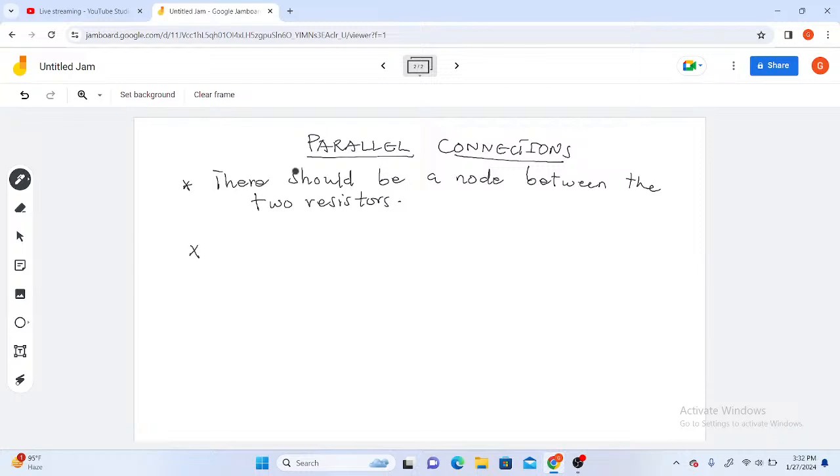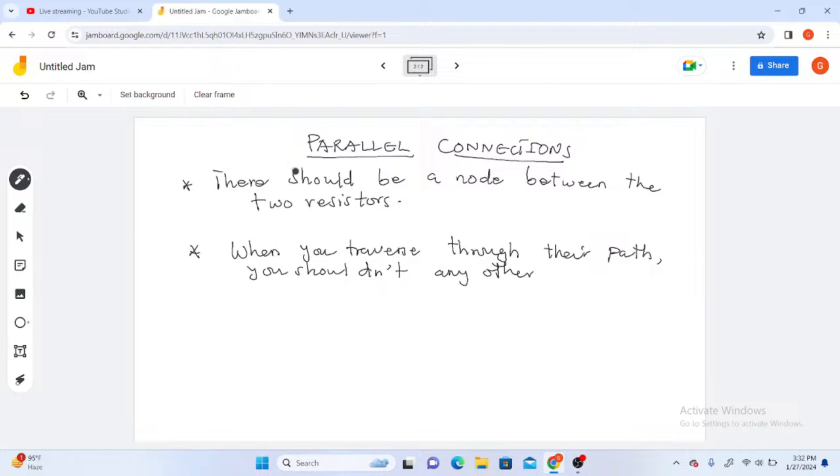Then there is condition 2 here, and the condition says when you traverse through their paths, you shouldn't meet any other circuit element.